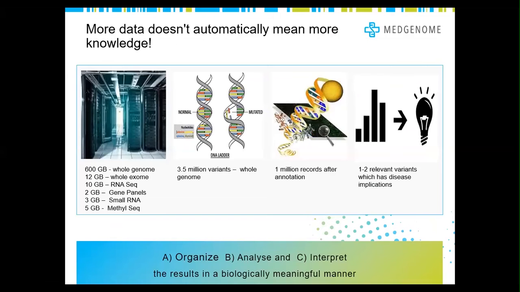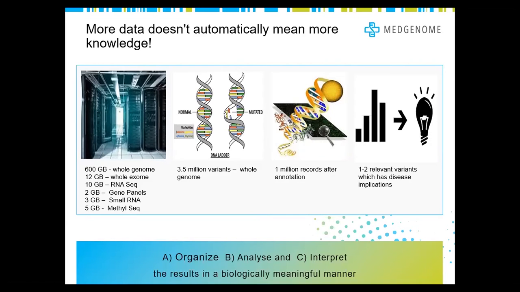And more data doesn't automatically convert to more knowledge, because if you can see whole genome, whole exome, gene panels, you can see the amount of data. It is in GBs. If you get so much data, how to interpret it becomes important, because from one person, from one genome, when we consider that we are 0.01% variable from each other, a whole genome will throw out around 3.5 million variants.